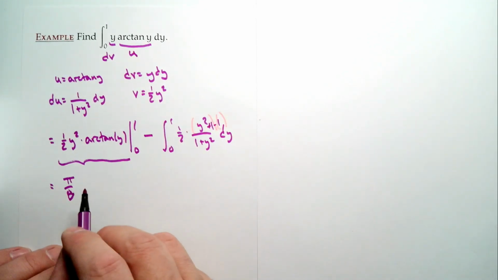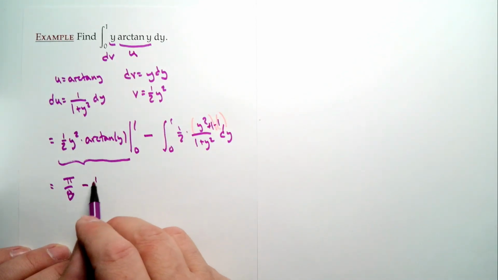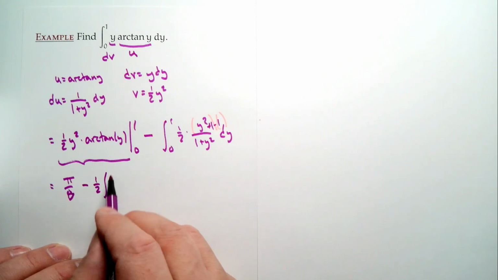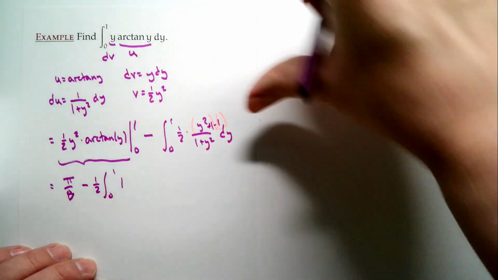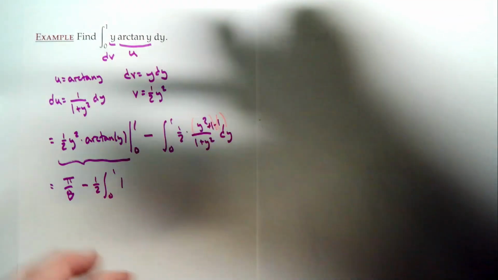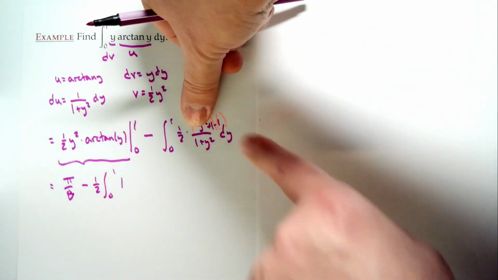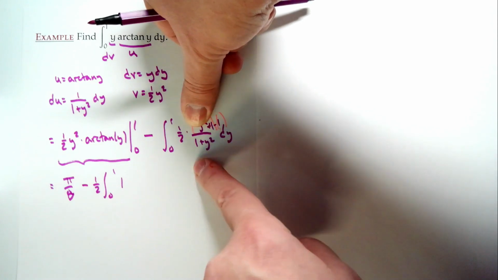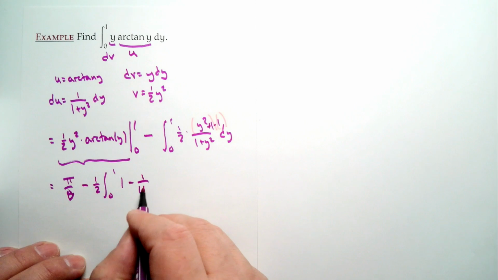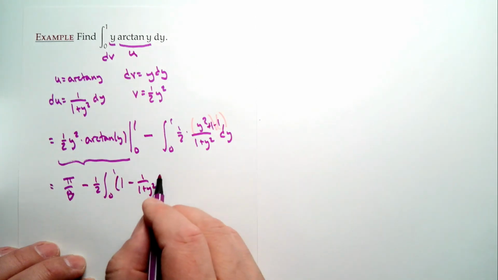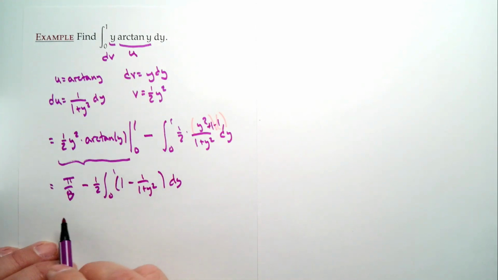So what I have is minus, I'll pull the half out, integral from 0 to 1, so it'll be 1. And now I cover the y squared plus 1 up, causing a big shadow here. Then I have minus 1 over 1 plus y squared. All right. So those are both simple integrals, relatively speaking.